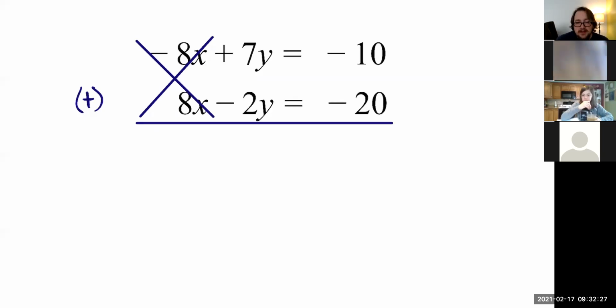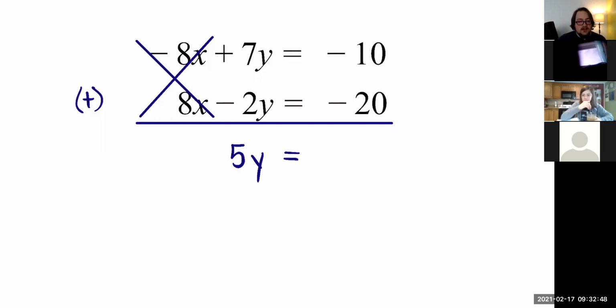Moving on to the second column here, 7y plus a -2y is going to give me a +5y. Being mindful of my signs as I go. My equal sign, can't really do much with those except just bring it on down. And I suggest, if at all possible, keep it as lined up as well as you can.